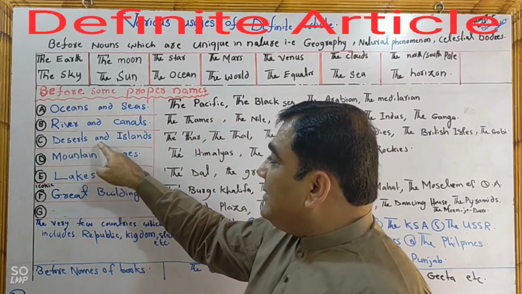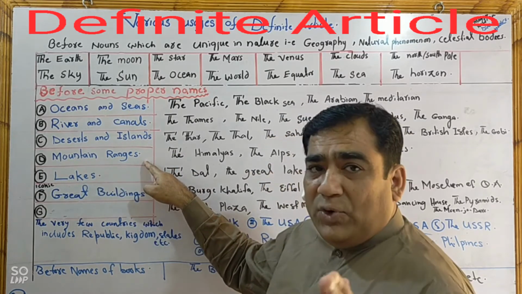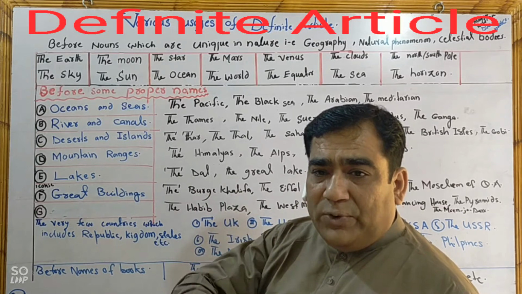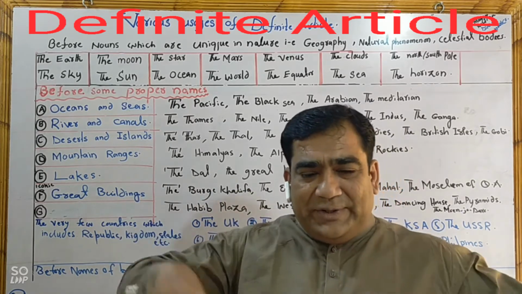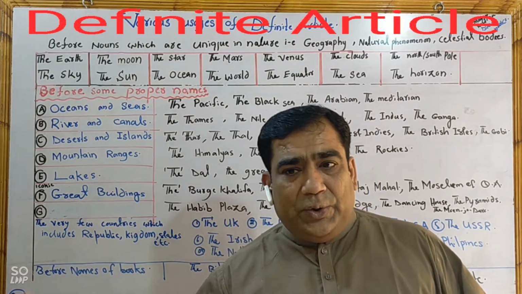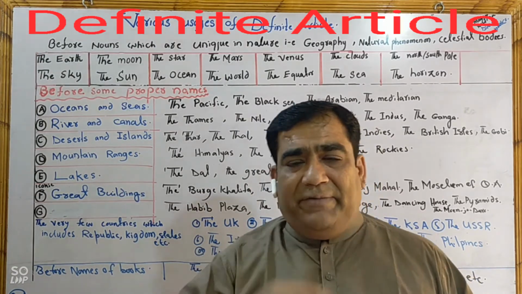C, deserts and islands. D, mountain ranges. As I have told you, the definite article "the" will not be put before mountains, but before ranges of mountains. As I have told you in highlights, there are many words where we put the definite article and where we do not put it.